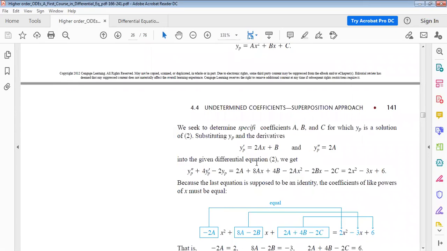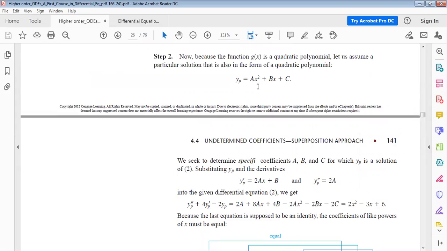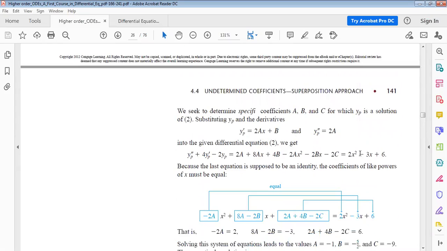Twice a plus 8x. Just putting these values. Twice a for this, and 4 into y dash p, 4 into this. We get this one. Minus 2 into yp, minus 2 into whole this. We get this one. This equals to the right hand side.